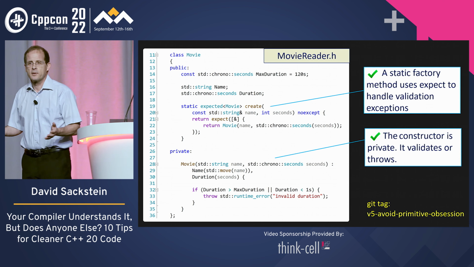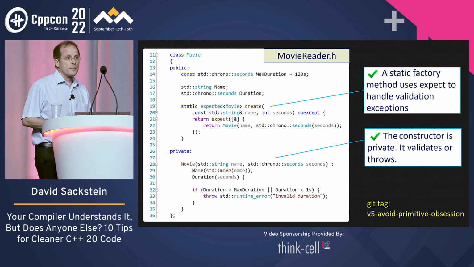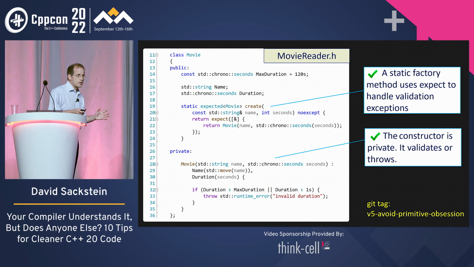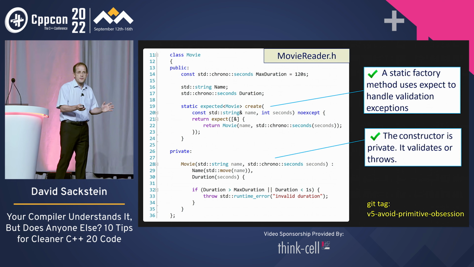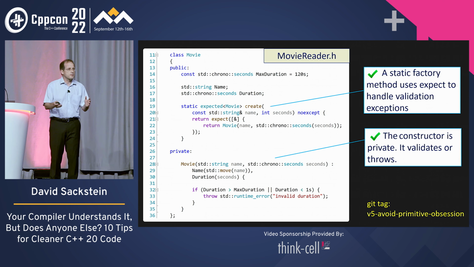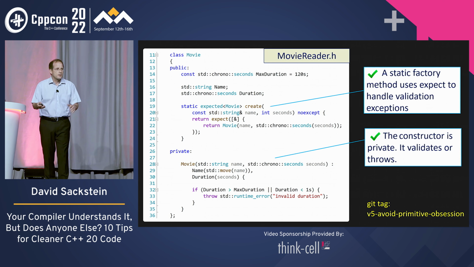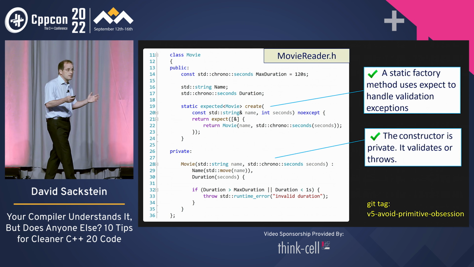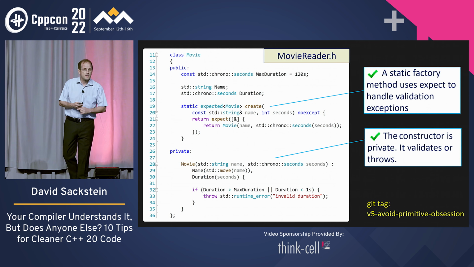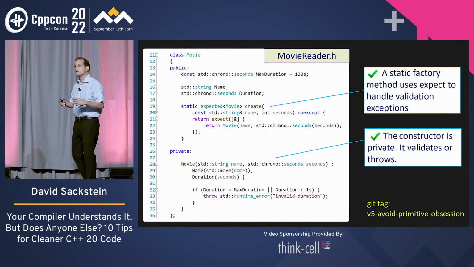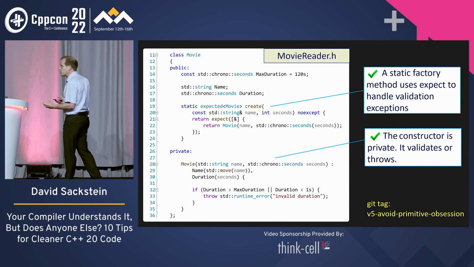Why is this important? Anywhere you see a movie structure in my code, you know that it's valid. There's never any reason for anyone to introduce validation code to clutter up the functions. So it's a very important concept to be able to write an object that is always valid.